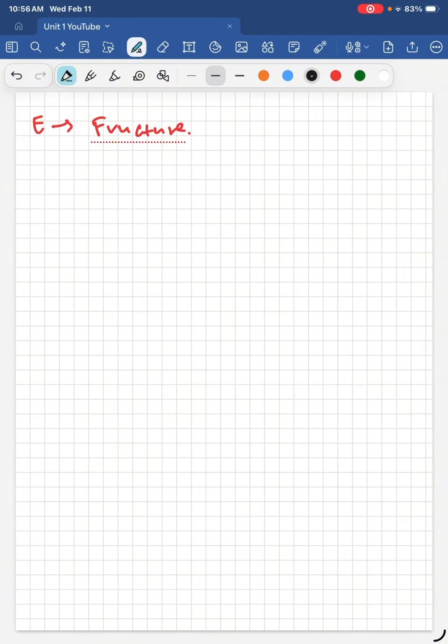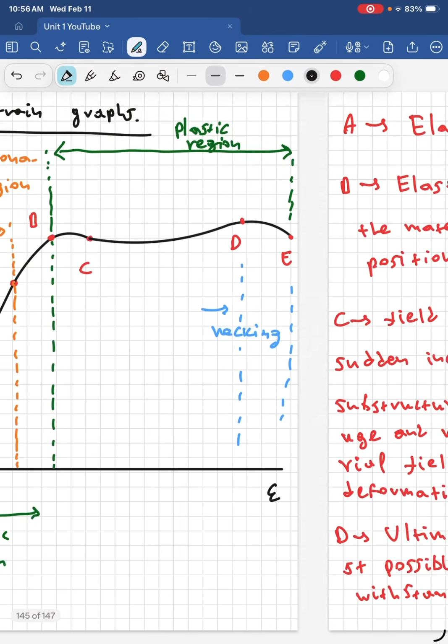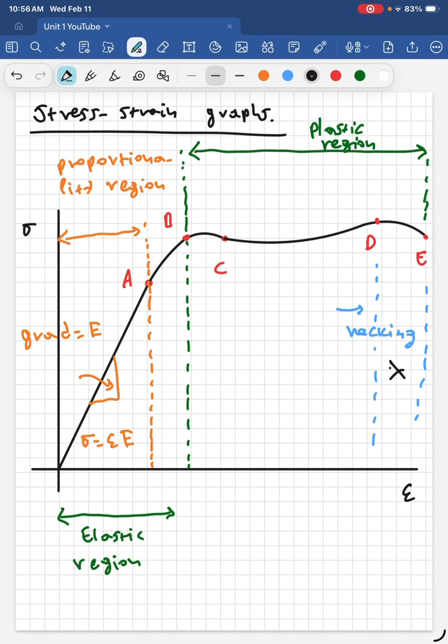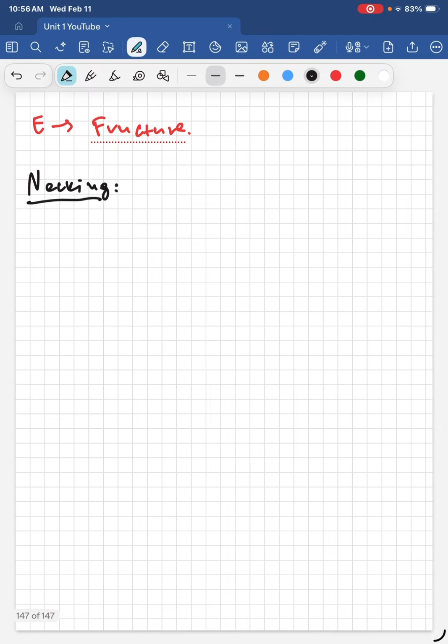All right, and one last thing. Necking, which I mentioned in the graph between points D and E, is a phenomenon that many materials have. Do all materials have that? No, brittle materials don't have that, but metallic materials certainly do.